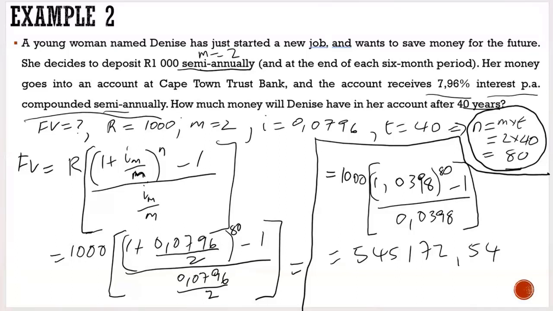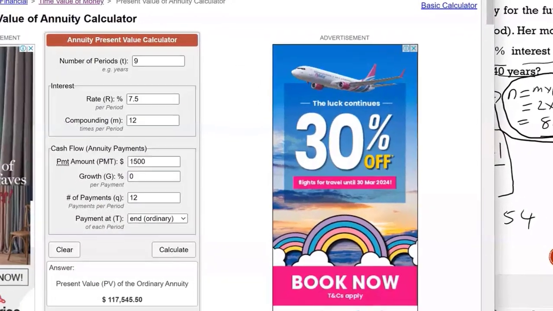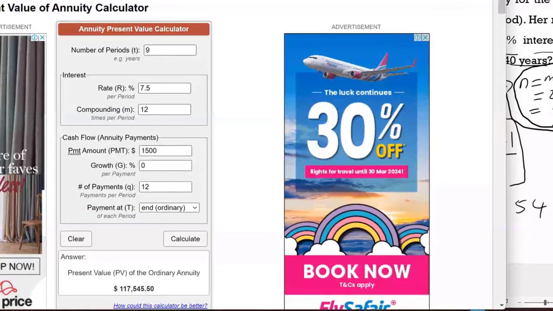Let us look at how we can do this on Calculator Soup. Where's my Calculator Soup? There it is. I am looking for a future value.